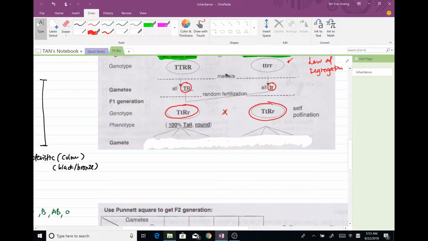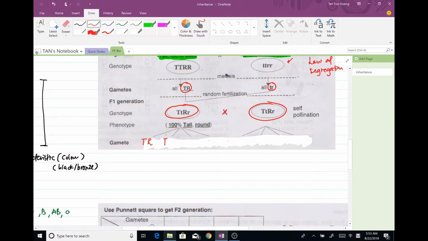So guess, in this case, what are the 4 possible gametes that will form? Big T and small t will separate as stated by the law of segregation, same as big R and small r. But the big T can combine with big R to form a gamete.